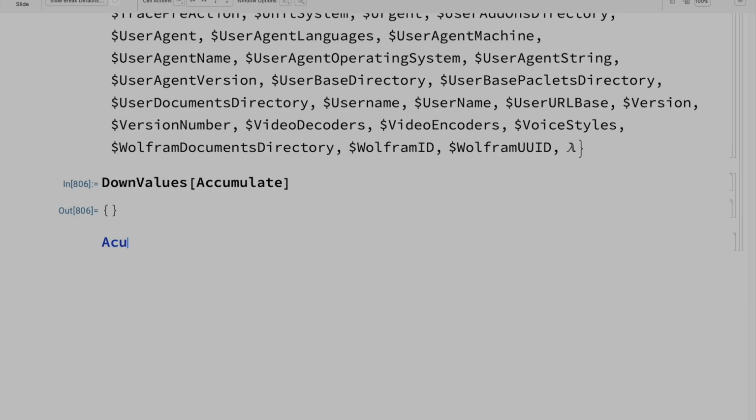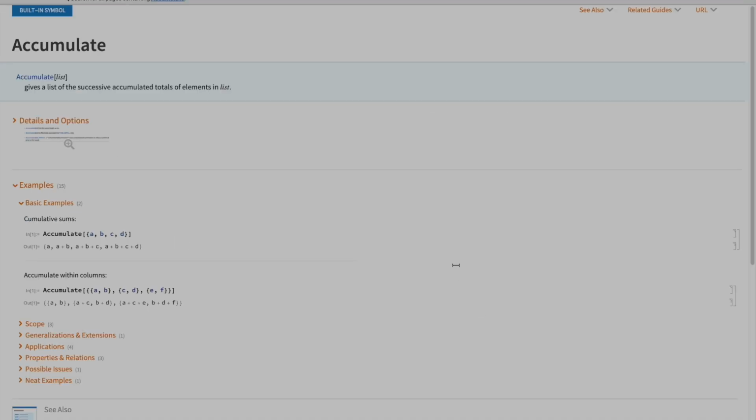If you want to find help on what it does, you could always type the name, Accumulate, and then it offers to take you to the help screen, right? So it tells you what it does exactly. Gives a list of the successive accumulated totals of elements in list.